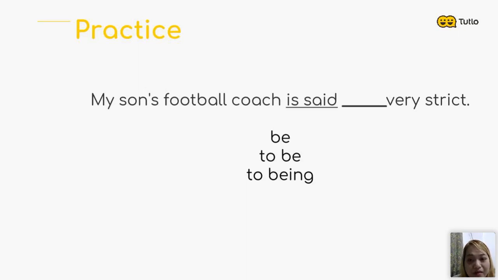Let's try this one. My son's football coach is said blank very strict. This is the present infinitive. Just the simple present infinitive. What do you think? My son's football coach is said blank very strict.